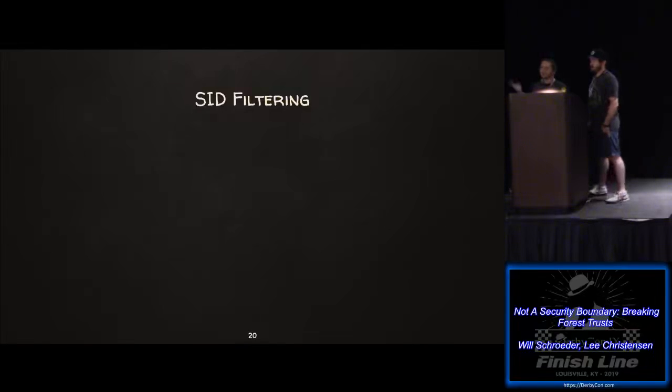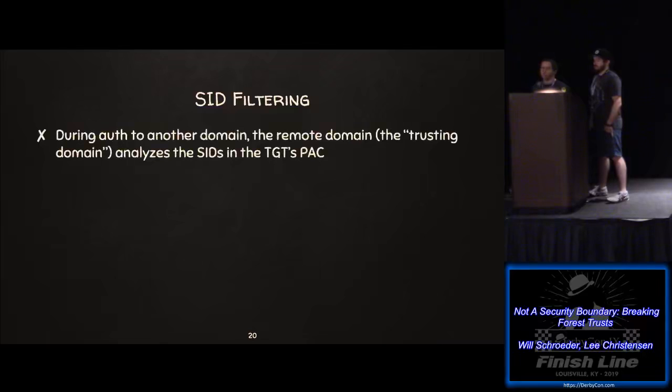Why all these SIDs that we mentioned are important is because when it comes to setting up trusts, there's a protection that Active Directory has called SID filtering. Whenever you authenticate to another domain, this SID filtering process occurs.